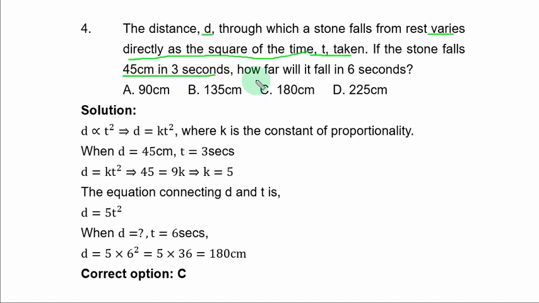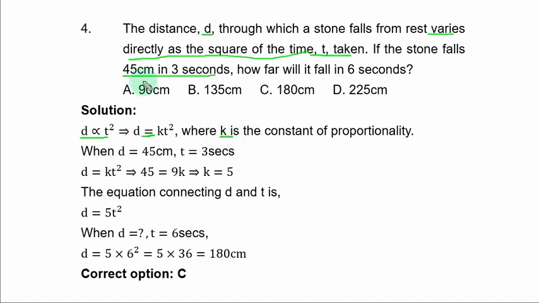This problem is direct variation, so you have D varies directly as t squared in this form. In variation, we always do away with the symbol of variation and introduce the equality sign. As you are doing that, you also introduce the constant of variation to multiply the variable on the right hand side. So K is the constant of variation or proportionality.